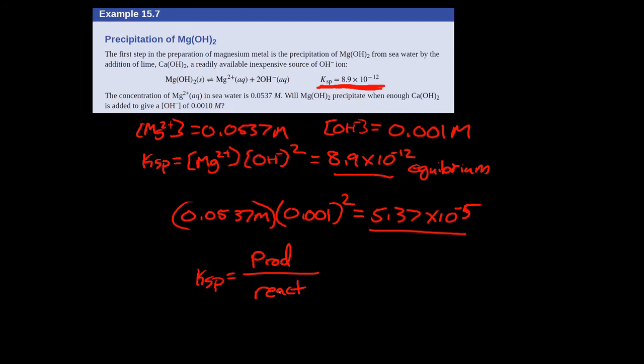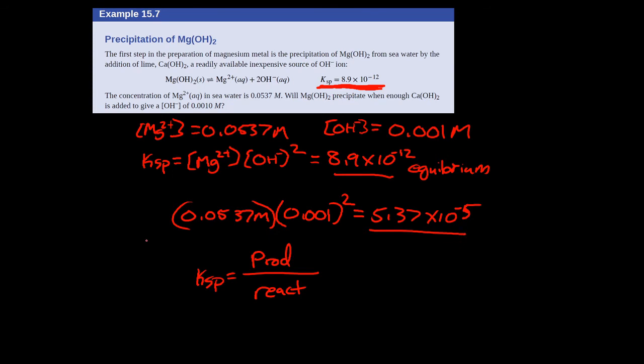Now I know that the reactants don't actually show up here, but just reducing the number of products will work as well. But we have too many products, too few reactants, so what that means is this reaction is going to shift to the left to consume the products. It has too many products to be at equilibrium.